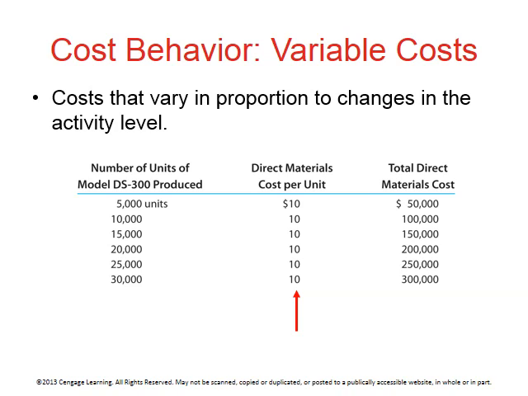If we manufacture 25,000 units, at $10 a unit our total direct materials cost is $250,000. This is a variable cost. As we produce more units, our cost increases. The activity level would be the model DS300s produced. As the DS300s produced goes up, direct materials goes up: variable cost.